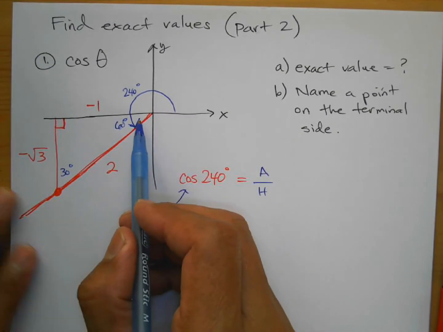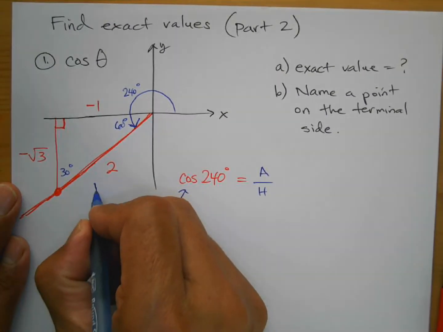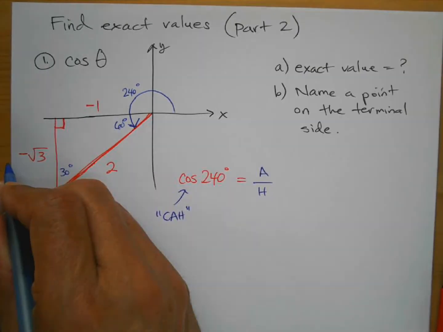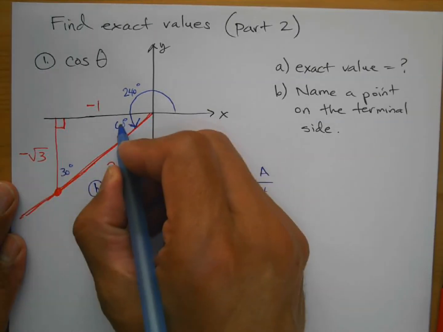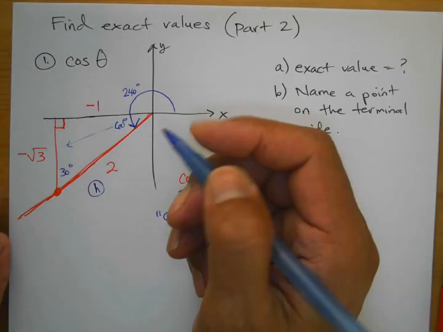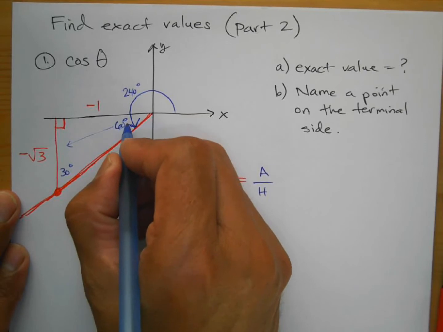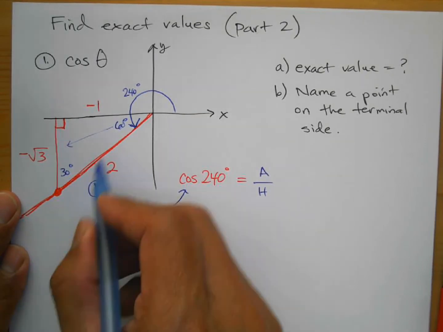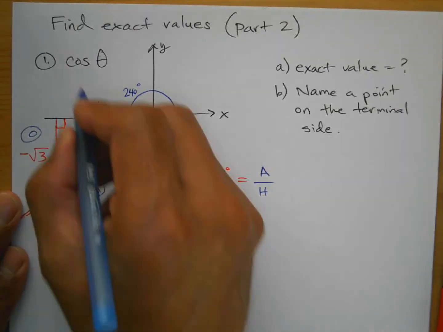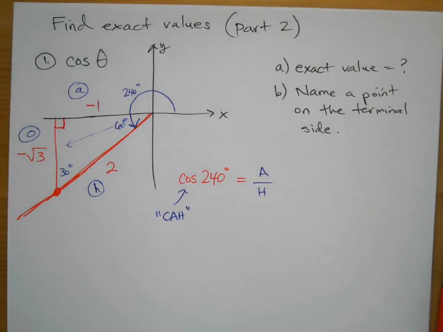So the adjacent would be, let me label it. This is the hypotenuse. Label your sides. This one's the opposite because this is your reference angle. The opposite side is the opposite of the reference angle, not always opposite of 30. Here's your O side, and this is your adjacent side.